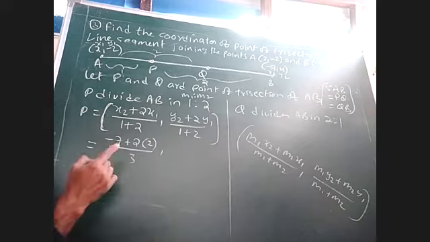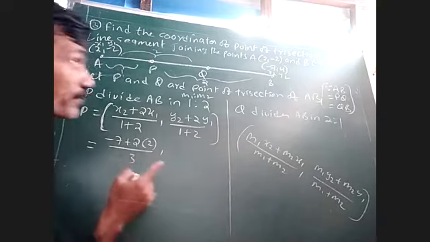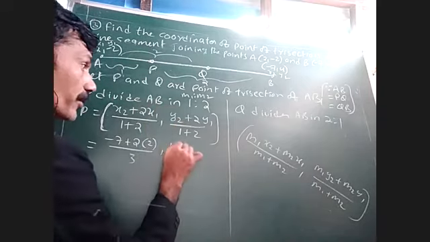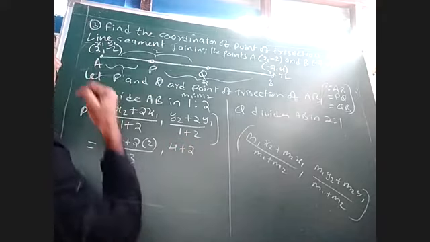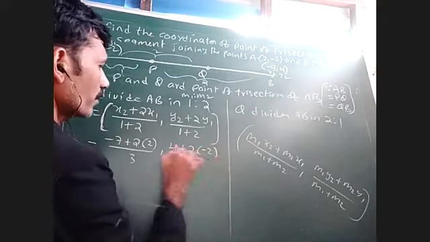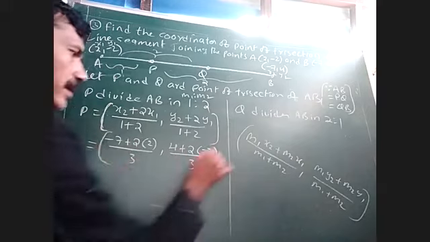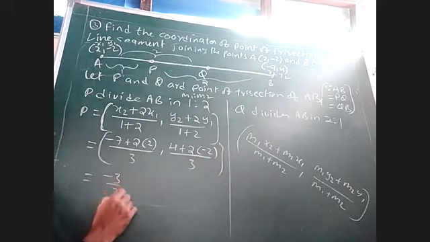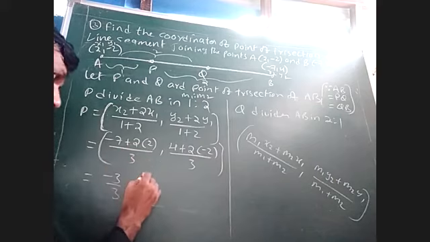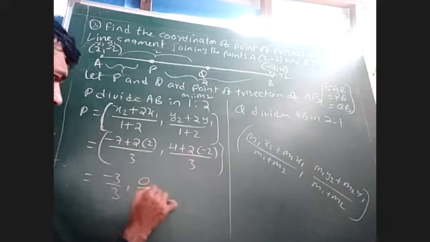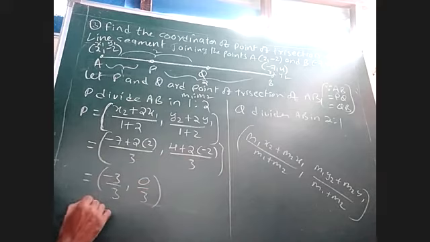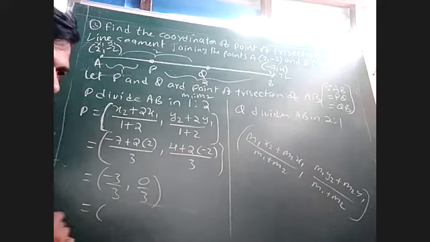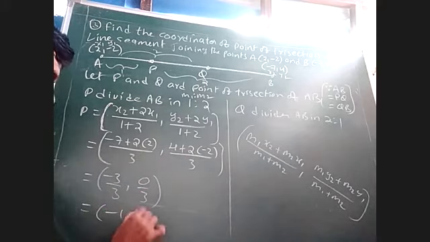Next, ordinate values: the ordinate of B is 4, and the ordinate of A is minus 2, whole divided by 3. Here minus 7 plus 4 is minus 3, so you get minus 3 upon 3. 4 minus 4, there you get 0. So the coordinates of P are (-1, 0).